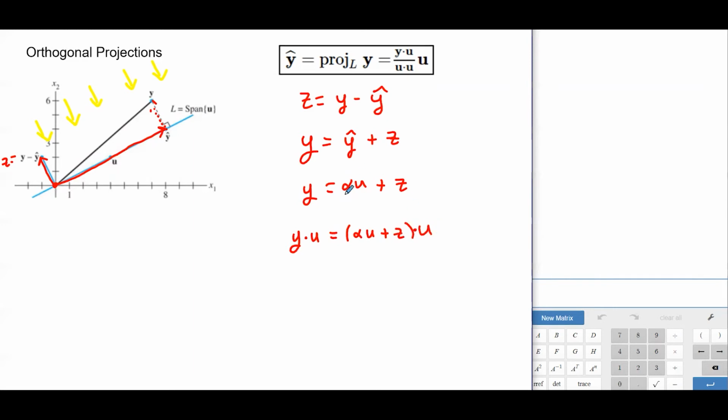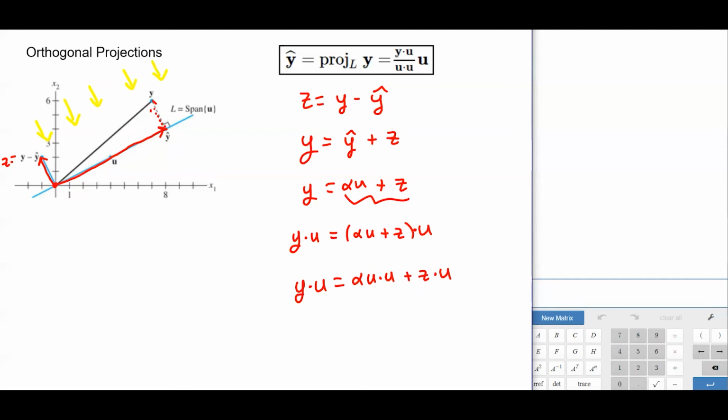We're going to dot product u times that vector, and u times y. And you can distribute dot products. So this would be alpha u dotted with itself plus z dot product with u. Alpha is a constant. Alpha is the multiple that scales u out to y hat, to this shadow.